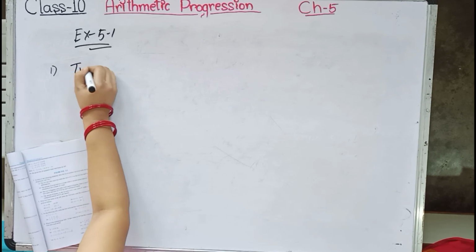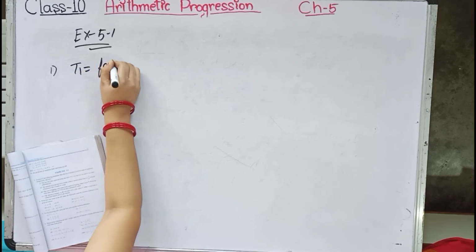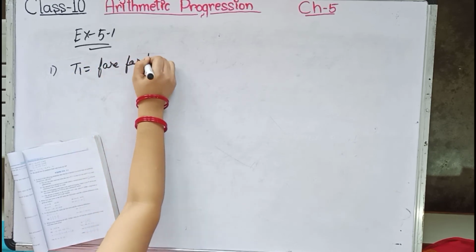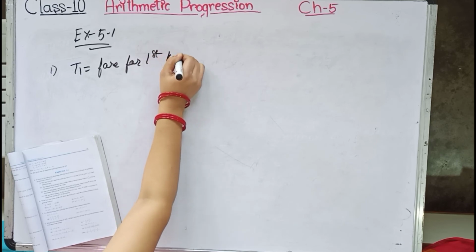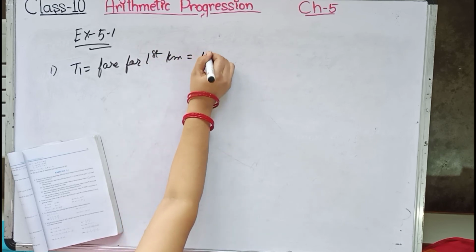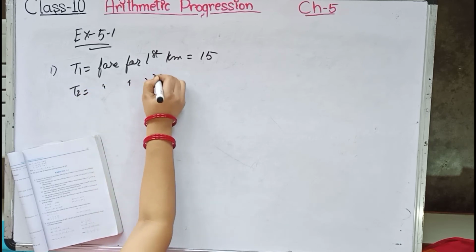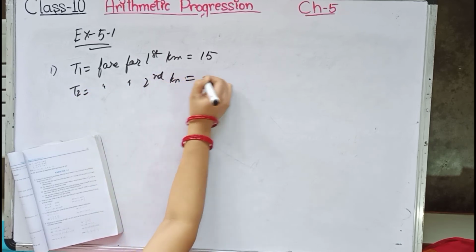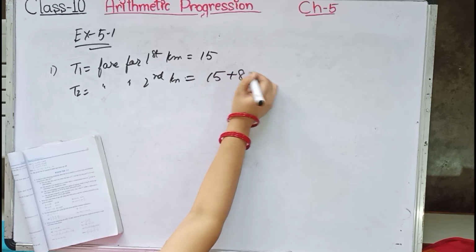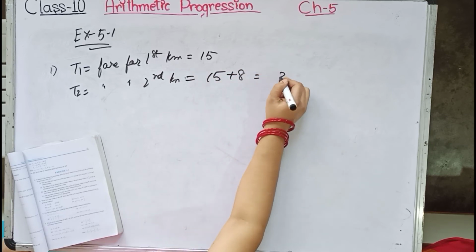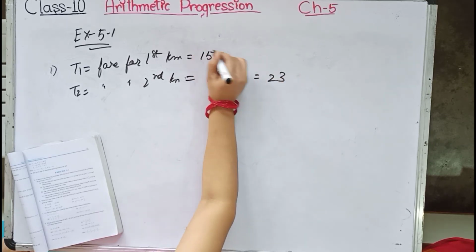So T1 equals fare for first kilometer equals 15. T2 equals fare for second kilometer will be equals 15 plus 8 equals rupees 23.